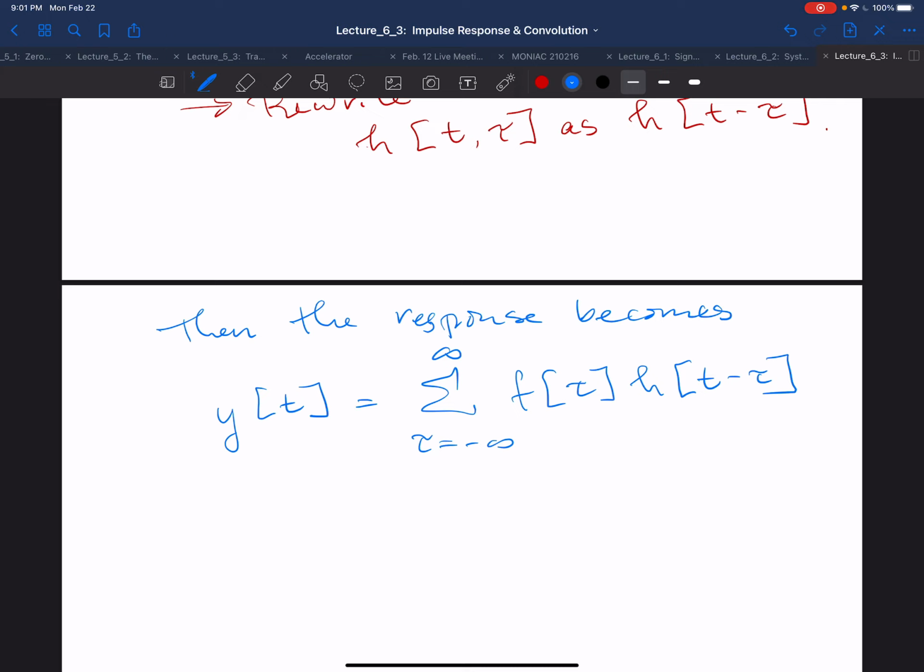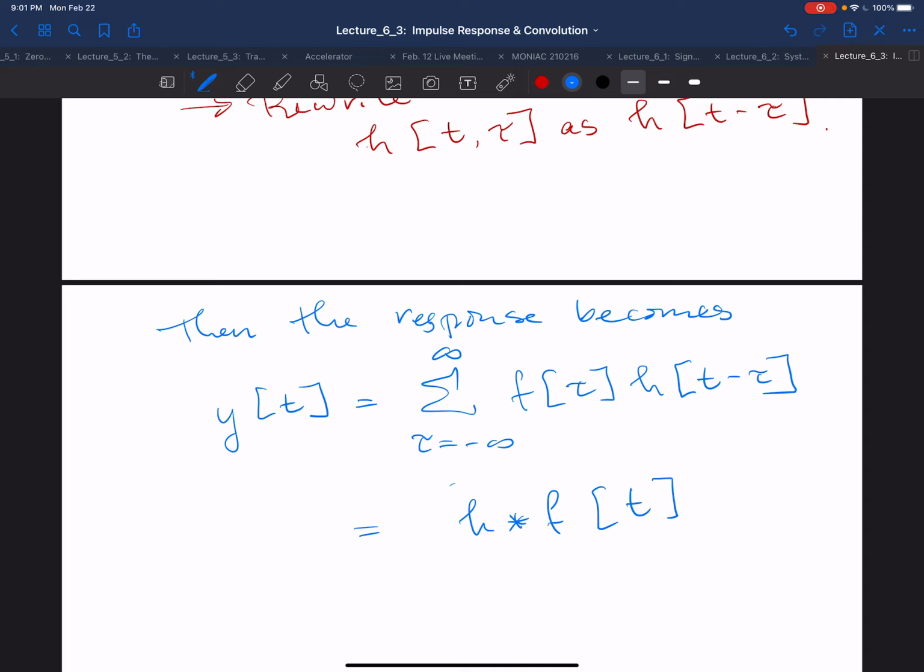This is a discrete time version of the two-sided convolution integral. So we can write it as f star h or as h star f. We know that by a change of variable, this convolution is in fact commutative.